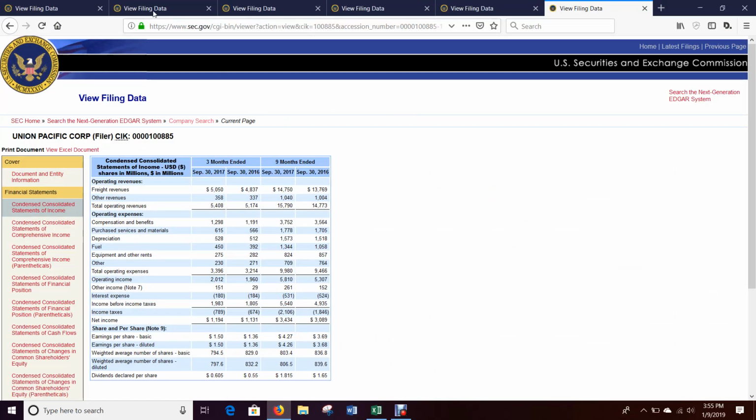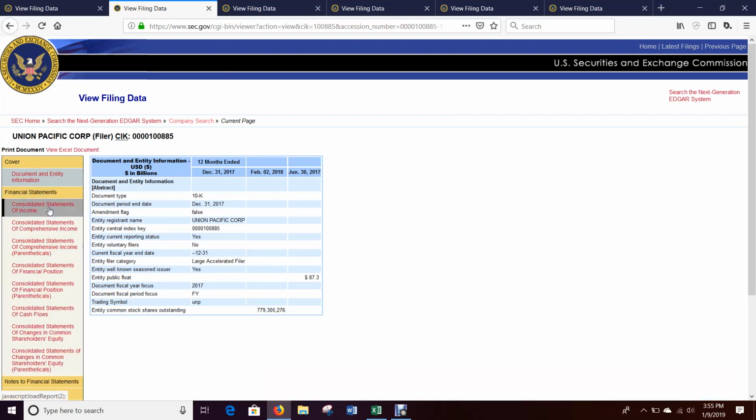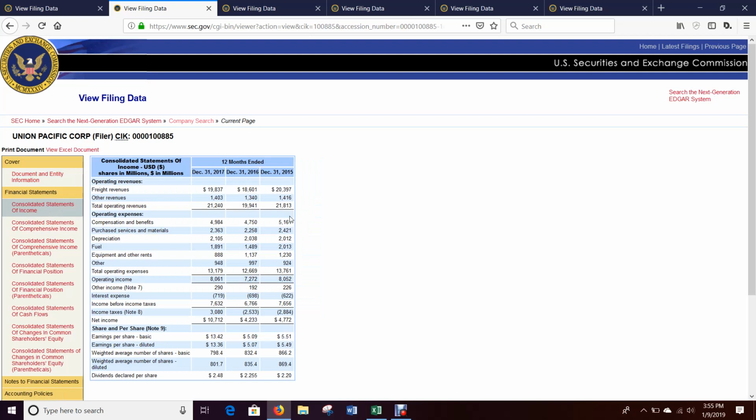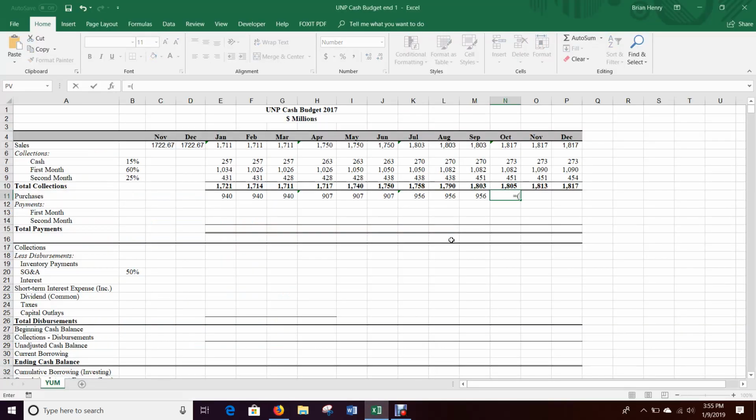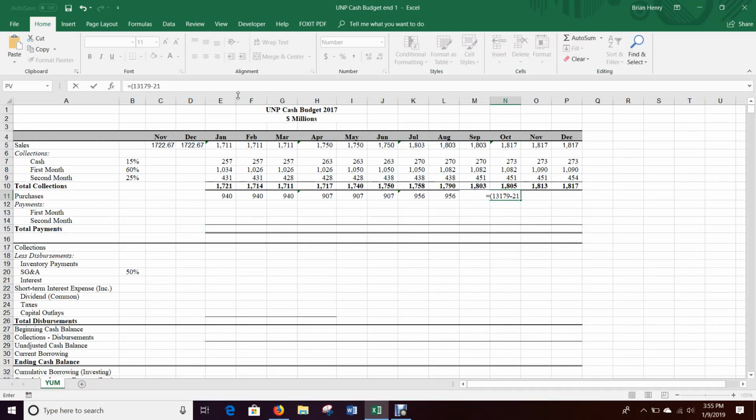So where's my 10K for 17? Here's my 10K for 17. Consolidated statements of income. You can do this a couple ways, but my total operating expenses for the year needs to end up being 13,179 minus the depreciation of 2105. So I'm going to do 13,179 minus 2105, minus the sum of the rest of these things.